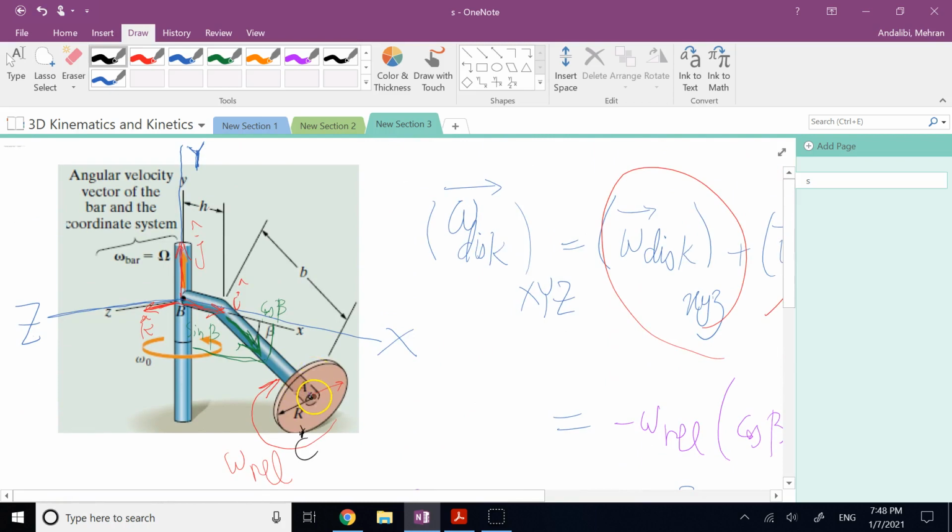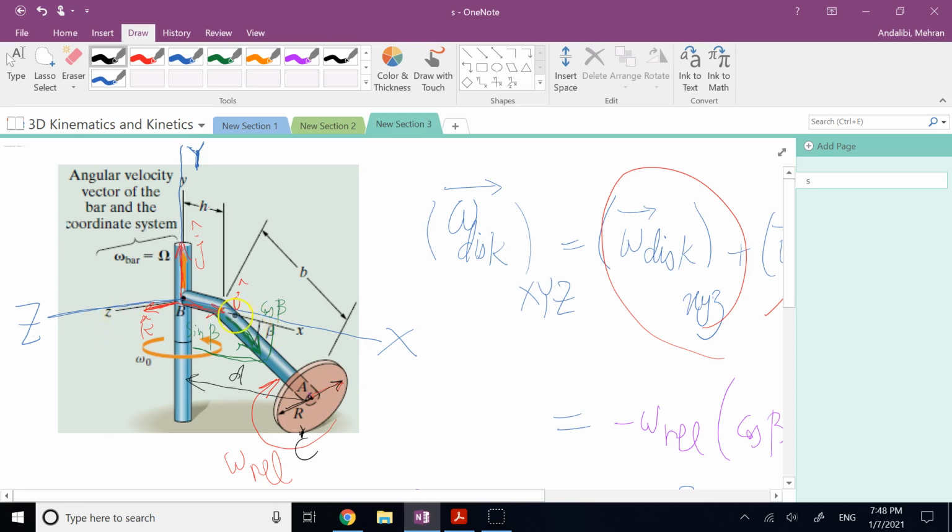Well, A is rotating about the j-axis, and as I said, the velocity of that is in this direction, and the magnitude of it is omega naught times the distance between A and this y-axis. So if I can find this distance from here to here, whatever it is, d times omega naught is going to be velocity of A, and the direction of that clearly at the moment is going to be what? Opposite to the z-axis, right?